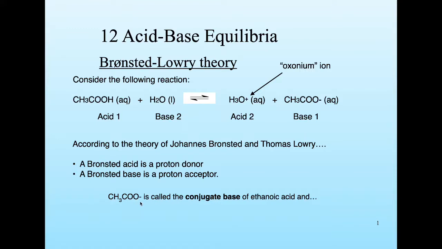So the ethanoate ion is called the conjugate base of ethanoic acid. This ion, base 1, is the conjugate base of ethanoic acid. And here, the H3O+ ion is called the conjugate acid of H2O. It's all definitions. Just let them sink in. It's a bit new at the moment.